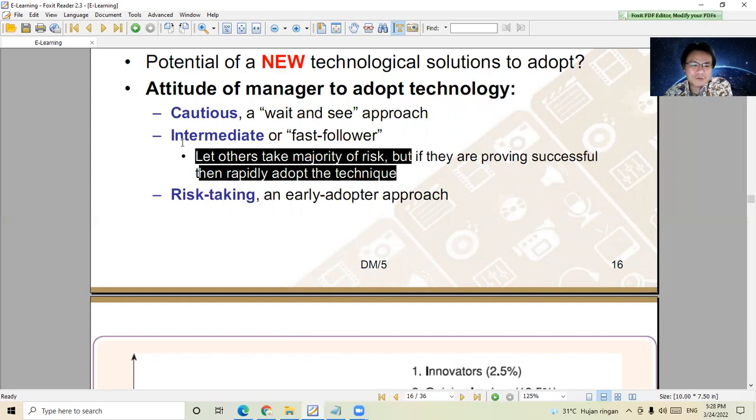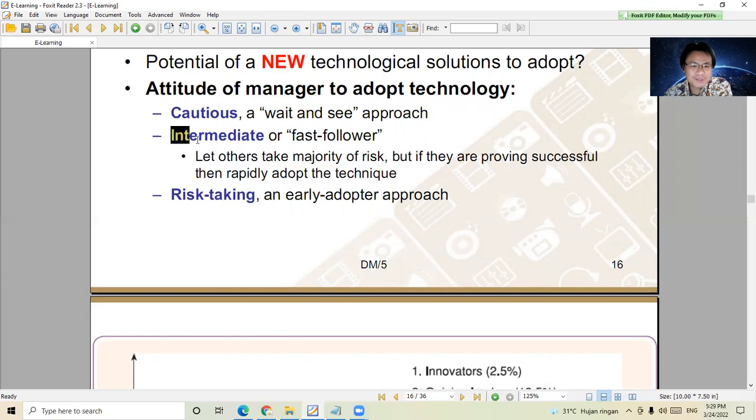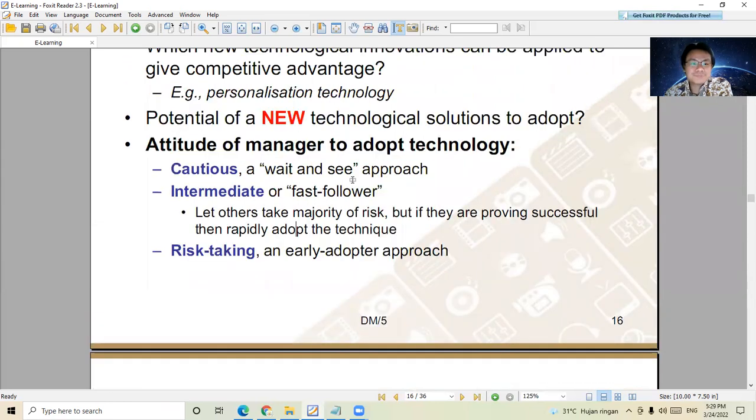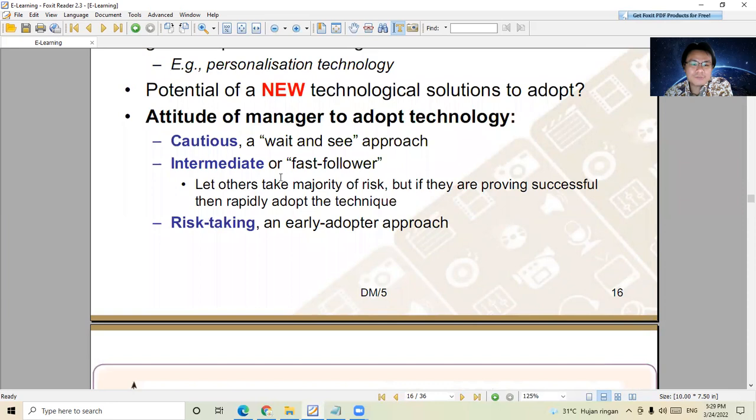If we belong to this second group, we still have to be very careful because we are not the early adopter. But after the technology is proven to be successful, we quickly adopt it.